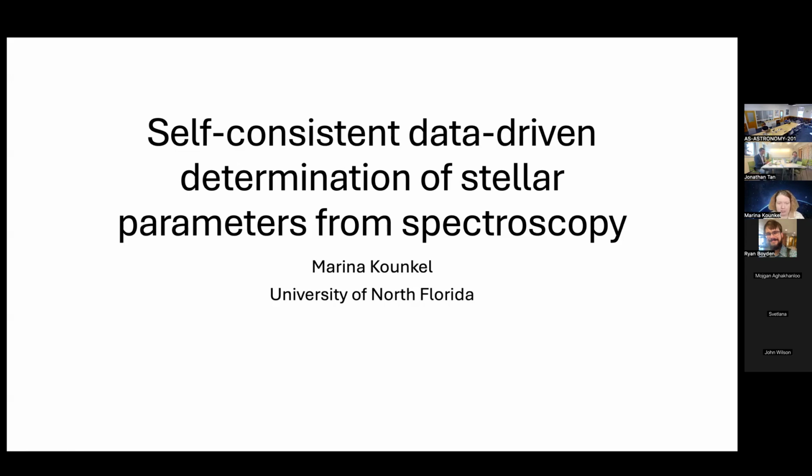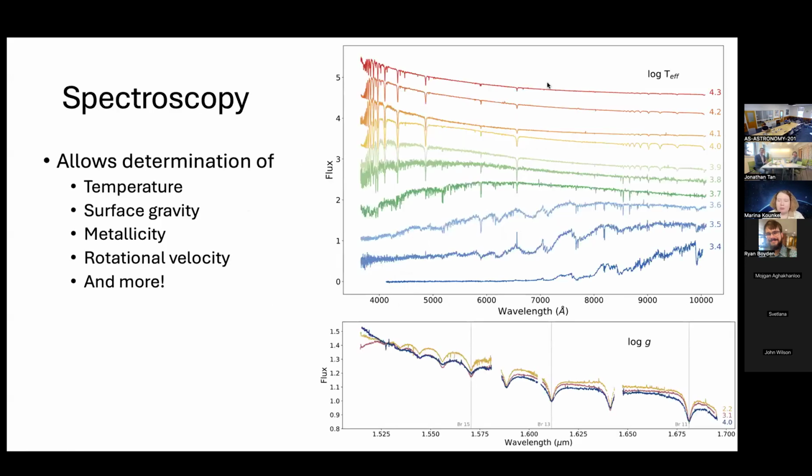So to get started, stars produce emission across the entire electromagnetic spectrum. And looking at these spectra, we can determine a number of fundamental stellar parameters. For example, looking at the precise features in the spectra, the spectral lines, we can determine the temperature of stars.